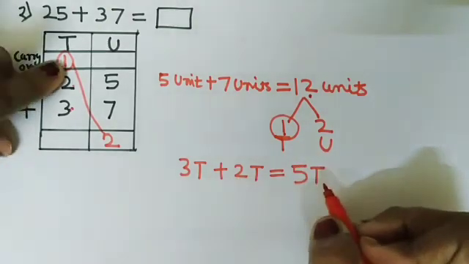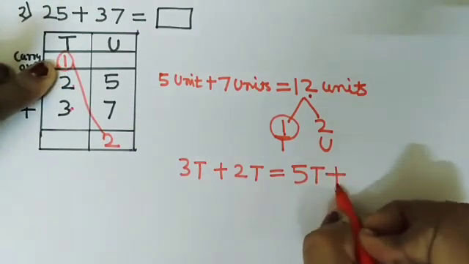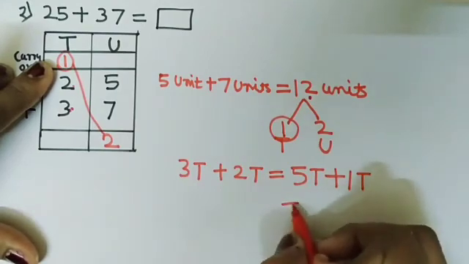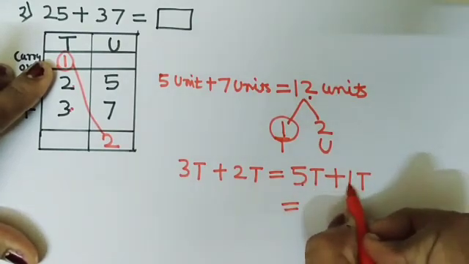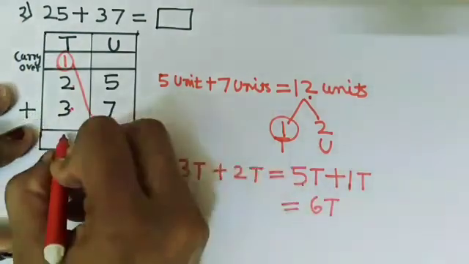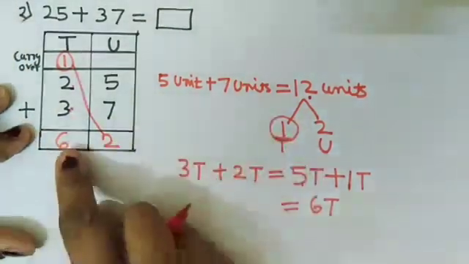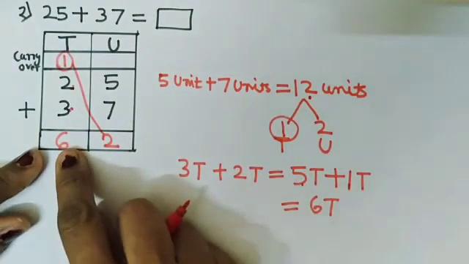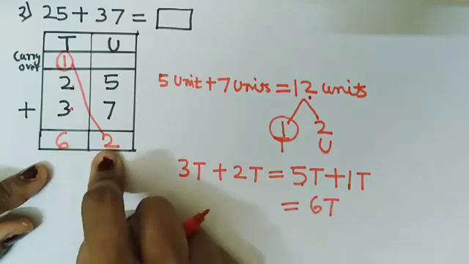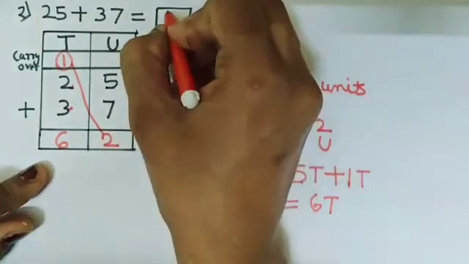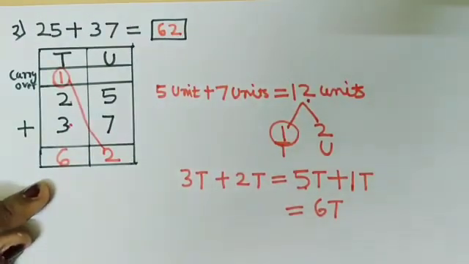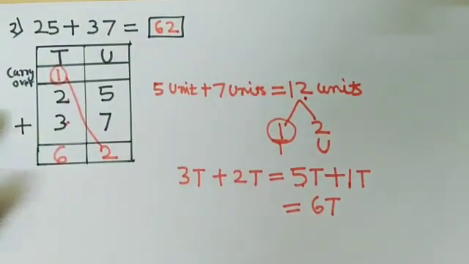And we have to add 1 carry, 1 ten. So what will be the answer? 5 tens plus 1 ten? 6 tens. So we will write here 6 in the tens column. So what is the answer, children? Yes, 6 tens and 2 units means 62. Yes. So children, please do practice at home.